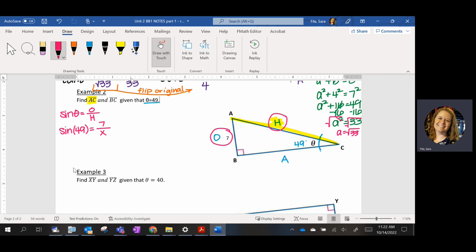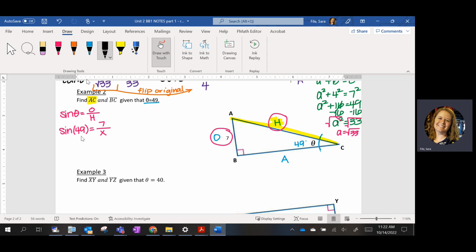Now, if you remember on the check for understanding questions yesterday on the getting triggy with it that we went through, when we were missing the denominator, I showed you, you would have to multiply the x over to the other side so that it's out of the denominator. And then you would have to divide the trig function over to get the x by itself. But I told you, you're not going to have to do that work every single time.